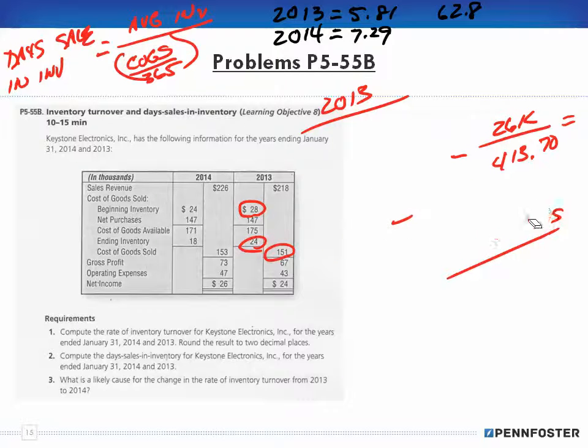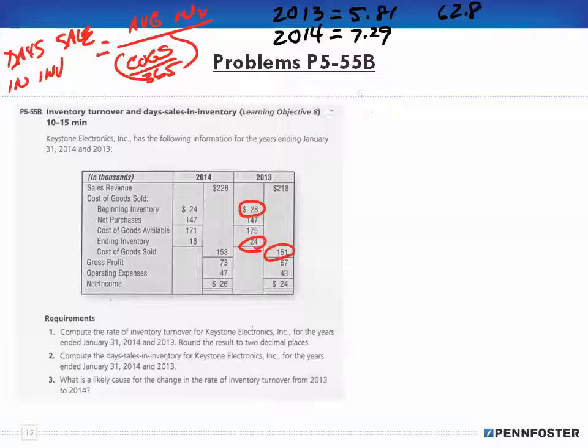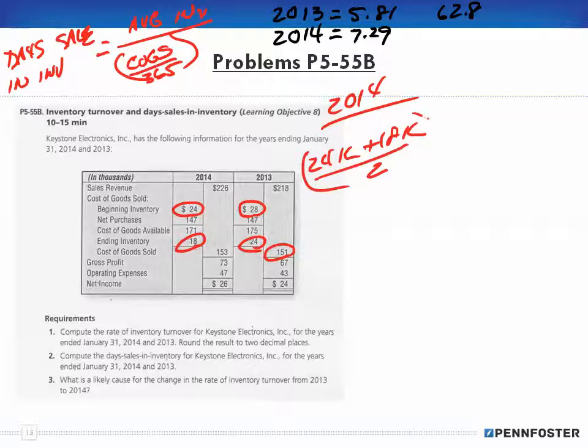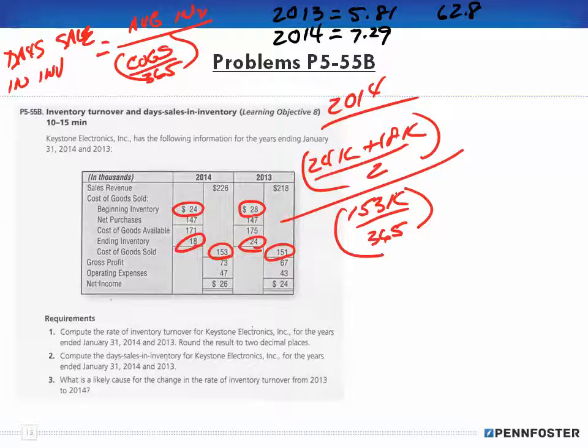Okay, and now we're coming back, and let's do 2014. Same way, we start out with 24,000 plus 18,000, and that's divided by 2 because that is our average inventory. And then we're going to divide whatever that is by the cost of goods sold, which is 153,000, and the cost of goods sold is divided by 365. Okay, so we have to do again the 2 calculations.